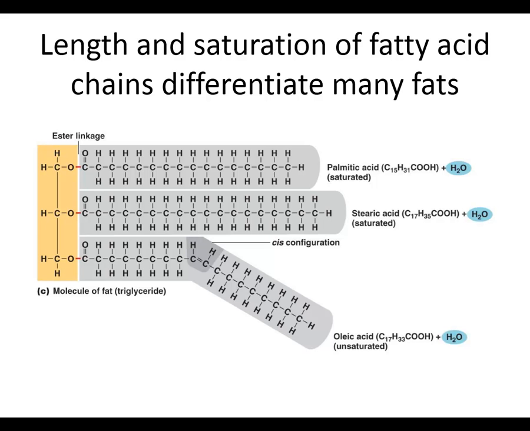As a result, ones that are saturated tend to be solids like butter, and ones that are unsaturated tend to be liquids like olive oil or vegetable oil. The more unsaturated a fat tends to be, the more fluid and less gooey, less viscous it tends to be. Is that clear? All right.